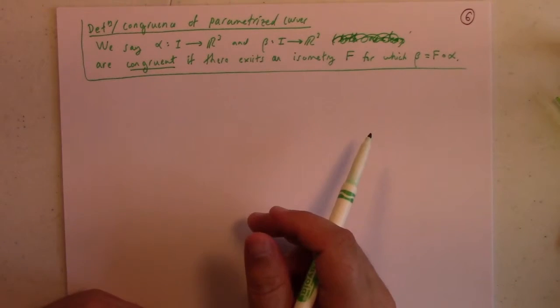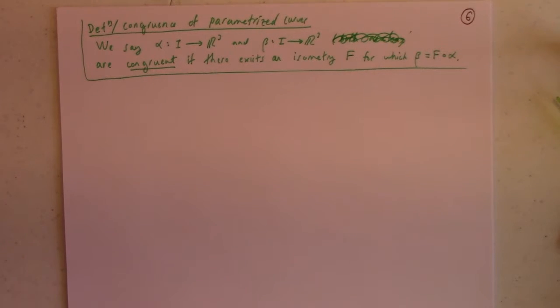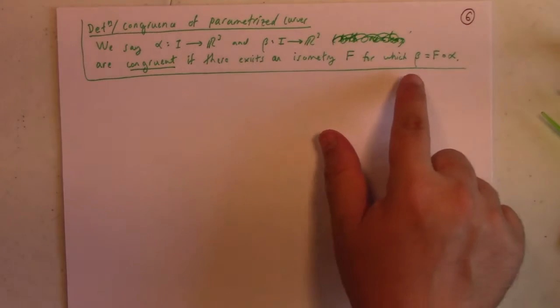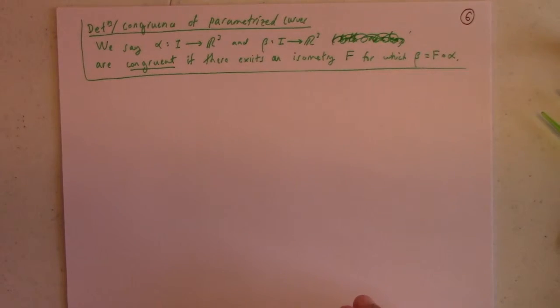All right. So I do think this, of course, says then, since beta prime is equal to F composed with alpha prime, and the length of the velocity is preserved under an isometry, this will say that these curves have the same speed.